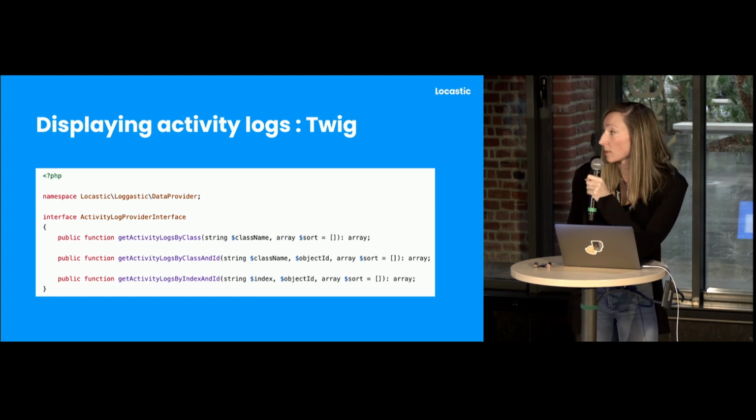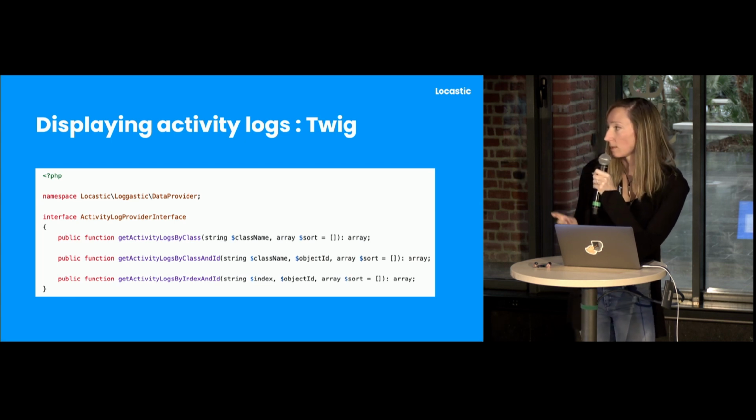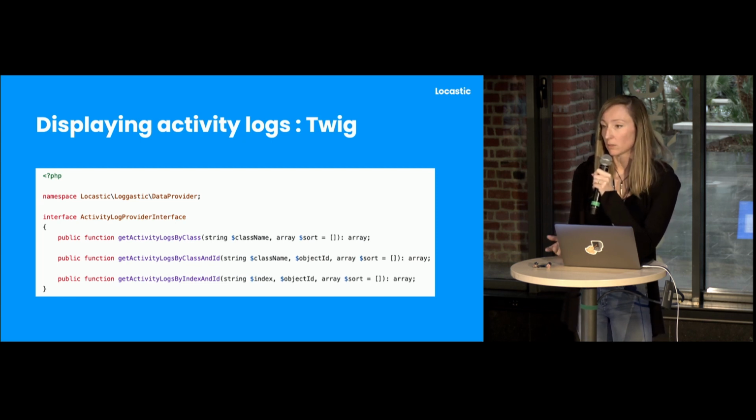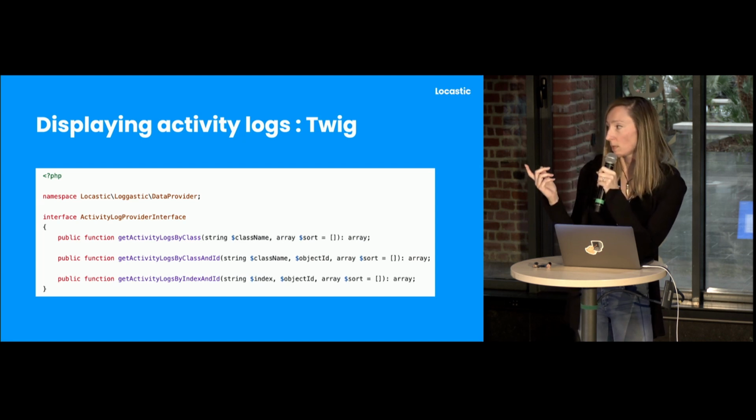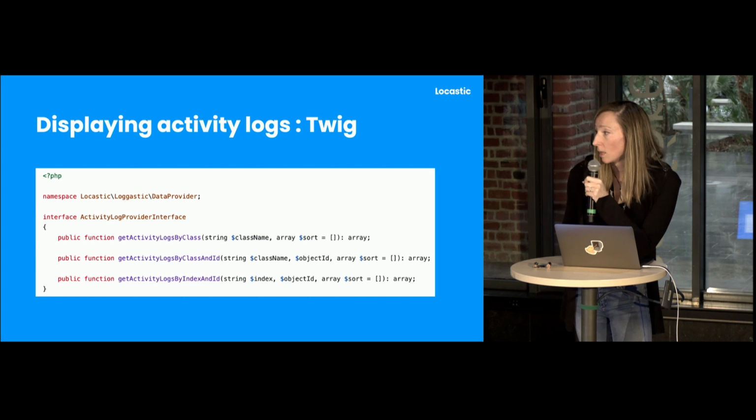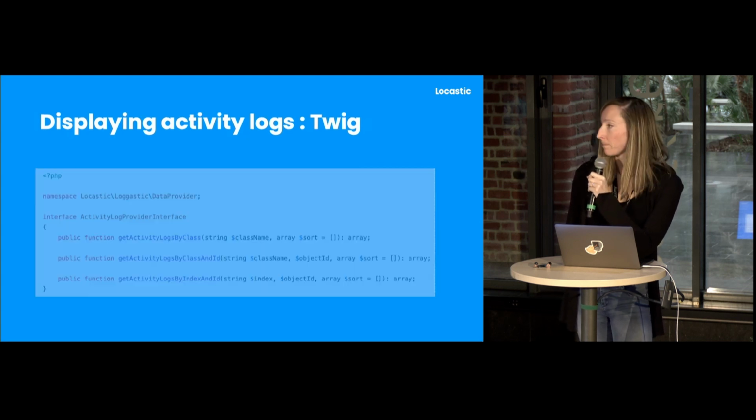So first one is get activity logs by class. Second, get activity logs by class and ID. So for example, if you have a single page where you show a single product, you can use that one in order to just show the activity logs for that product. And lastly, we can get them by index and the ID.